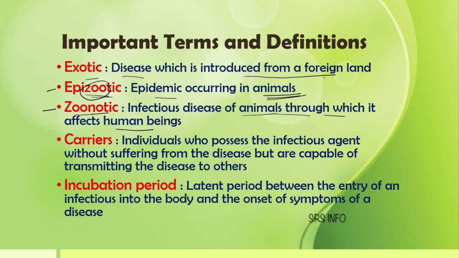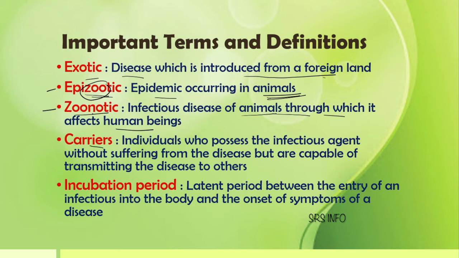The diseases of animals through which it affects human beings are called zoonotic diseases. Nowadays, the attacks of zoonotic diseases are increasing due to different types of laboratory tests using animals like rats, pigs, etc.